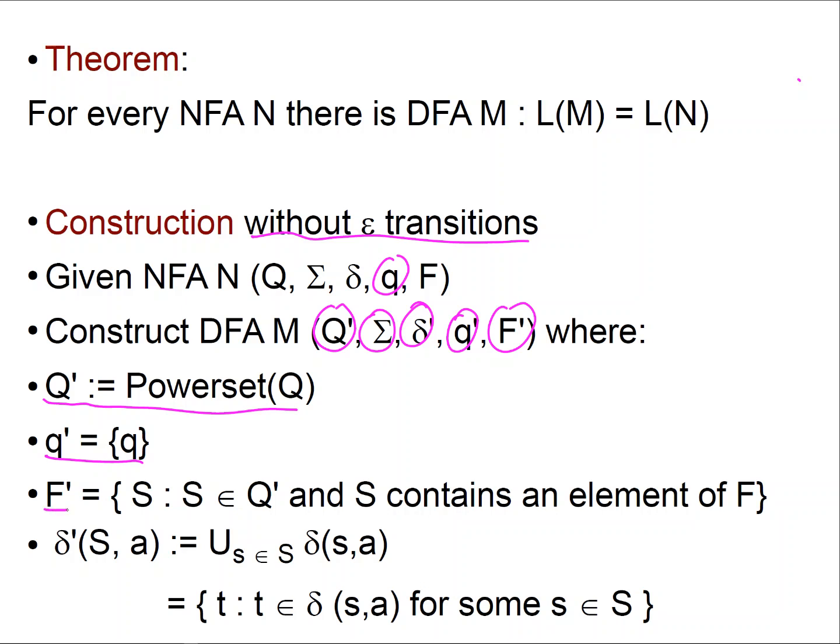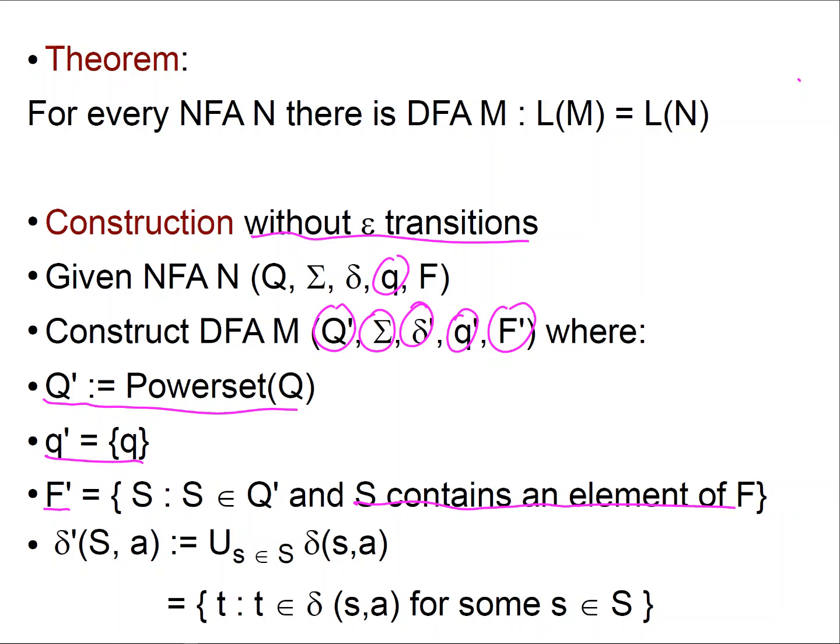F prime would be the set of states in M, which remember are subsets of states of N, such that S contains some element from the accept states in N. Okay, and the transition function delta prime will follow the transition in every state in the set.